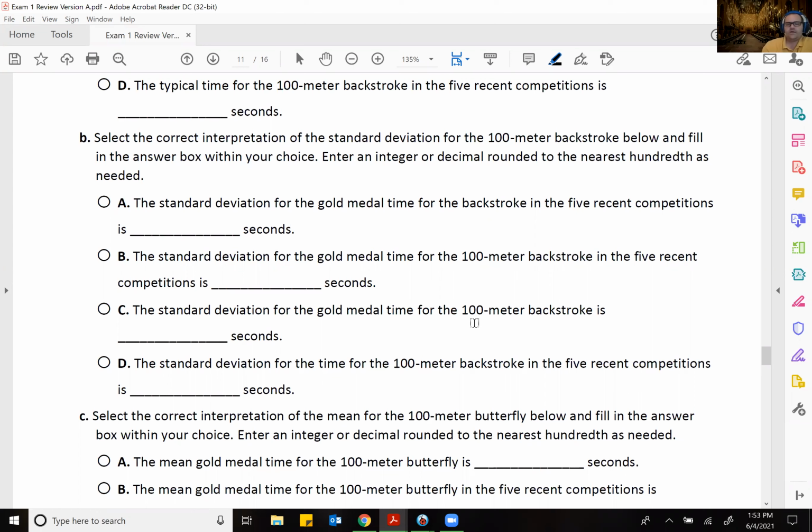C talks about all Olympic 100-meter backstroke competitions, but we only dealt with the first 5. And then the last one, D, again, they messed up on the time. This is gold medal time. B is the only one that has all 3 pieces that we need.